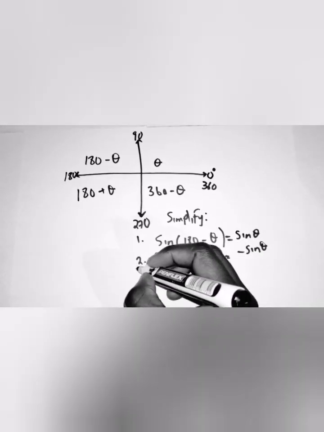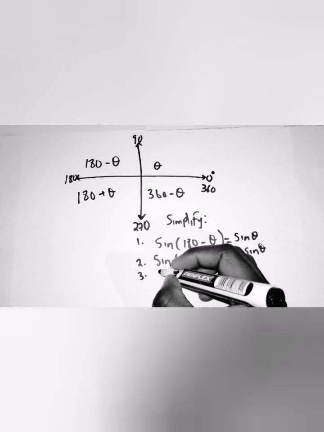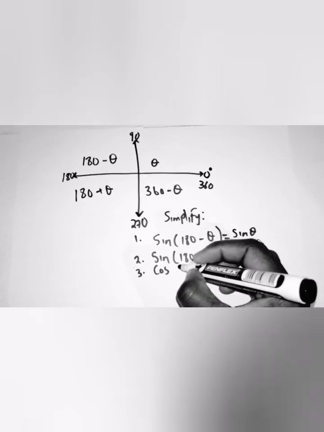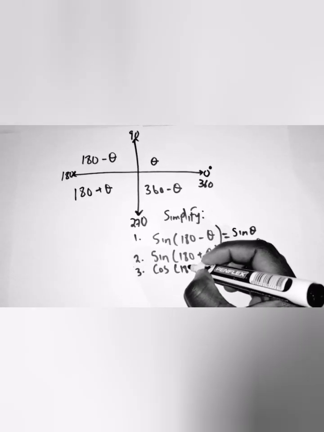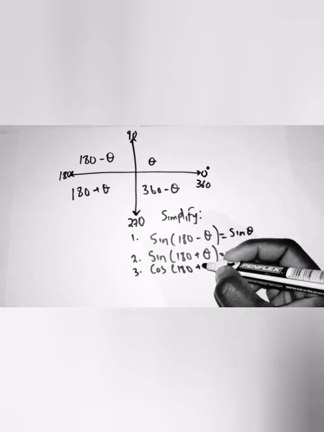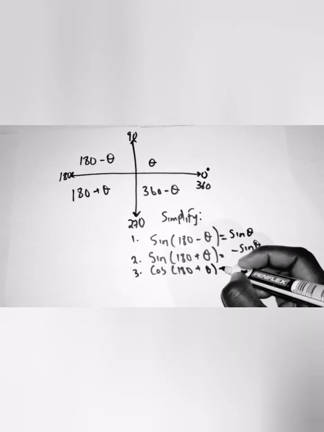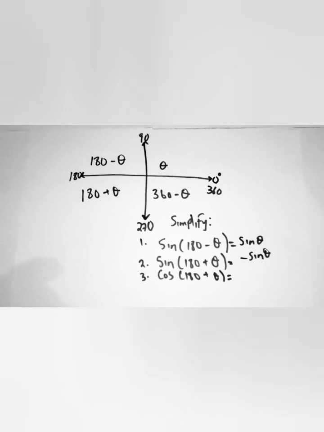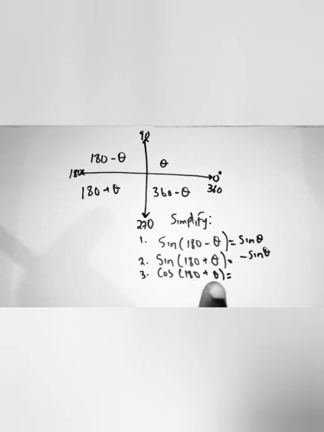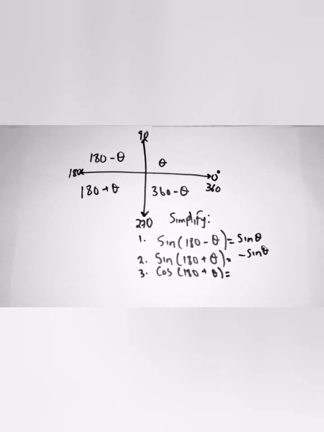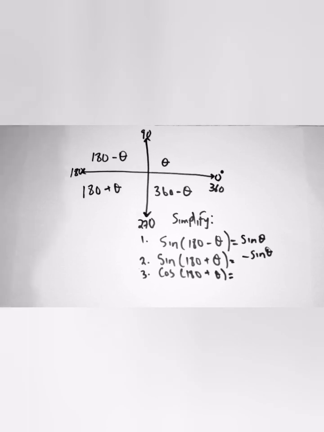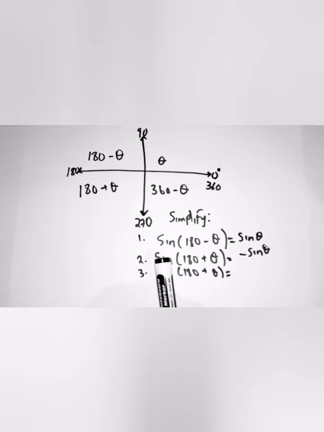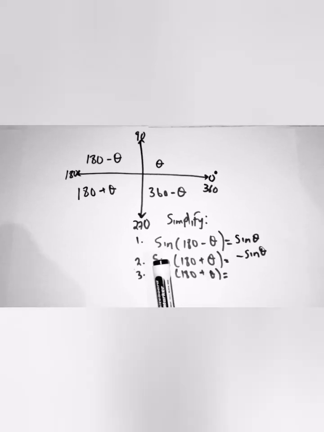Now the third expression for us to simplify is cos of 180 plus theta. The first thing, you close the trig ratio. As you close the trig ratio, 180 plus tells us about the third quadrant, and on the third quadrant tan is positive.